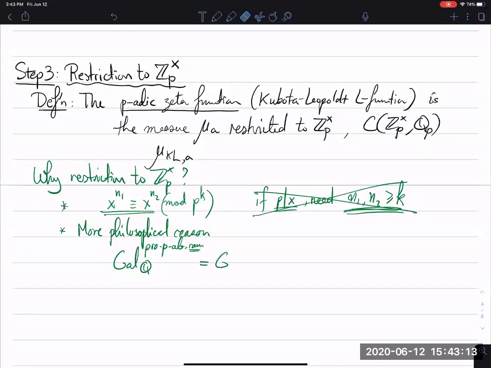Oh, excuse me, Q, my bad. If you take the pro-p abelian part of the Galois group of Q, this is the same as the Galois group of Q adjoining all p-power roots of unity. And Keith explained this is Z_p cross. So this Z_p cross is precisely the Z_p cross I wanted to talk about. So this is a p-adic function.